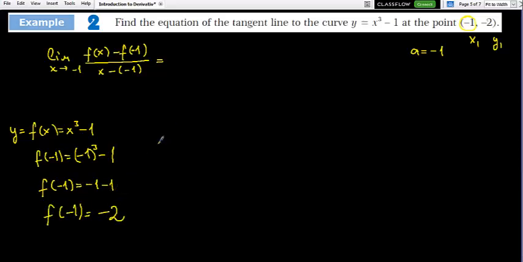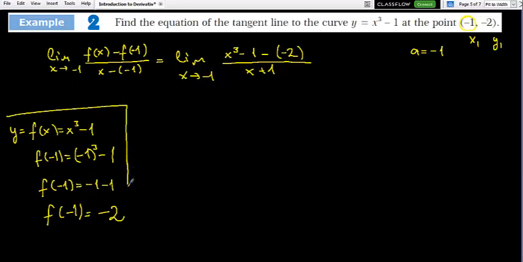Then it's going to be equal to the limit as x tends to minus 1 of x cubed minus 1 minus (minus 2) over x plus 1. Here we must use the f(minus 1) value.